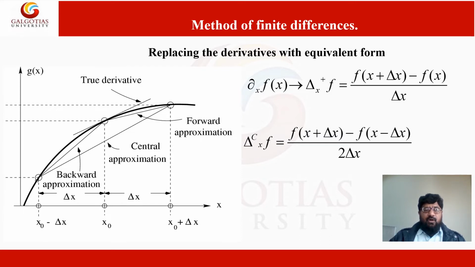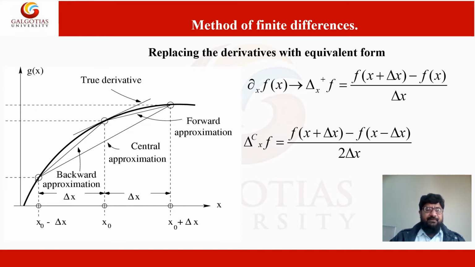So what if this del x distance, which is the distance between these 2 points, becomes infinitely small? When this distance becomes infinitesimally small, this point will coincide with this point, and this approximation of derivative will be equivalent to the true derivative.